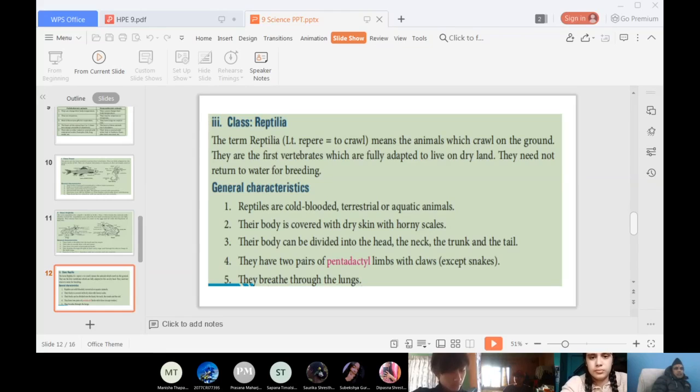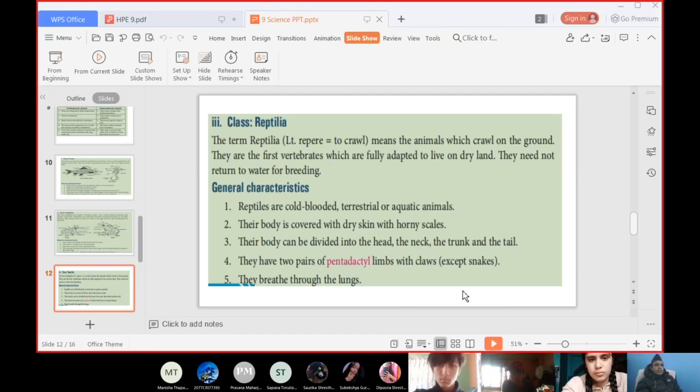Examples: snake, tortoise, turtle, alligator, etc. That is reptilia. Pisces, Amphibia, and Reptilia belong to poikilothermic or cold-blooded animals. Their body temperature changes from place to place, environment to environment.